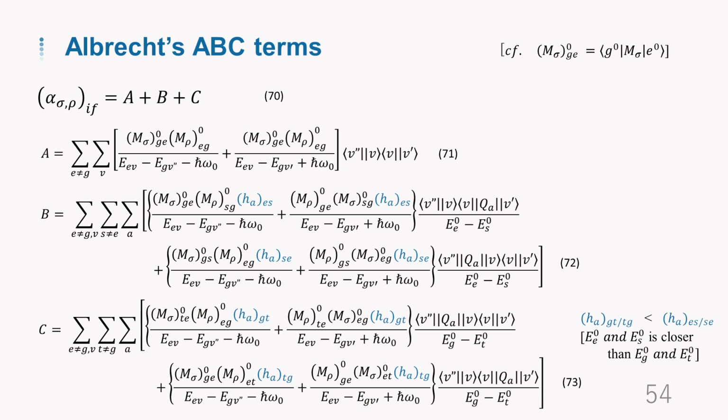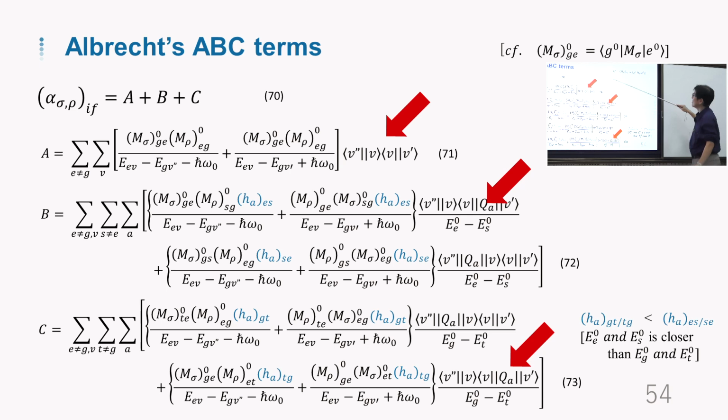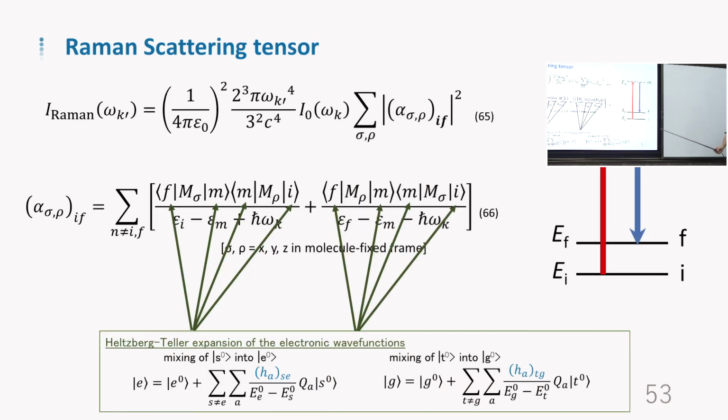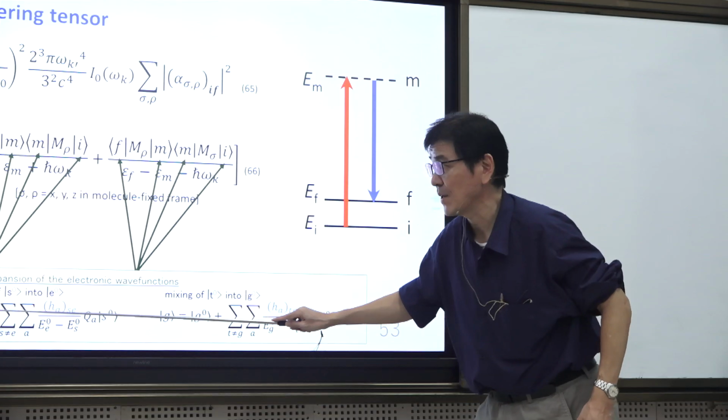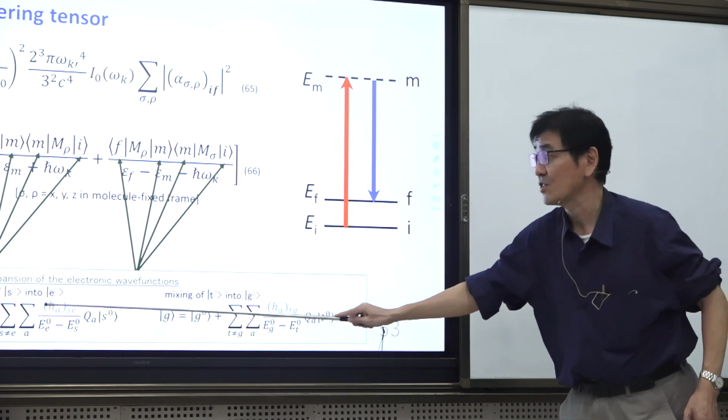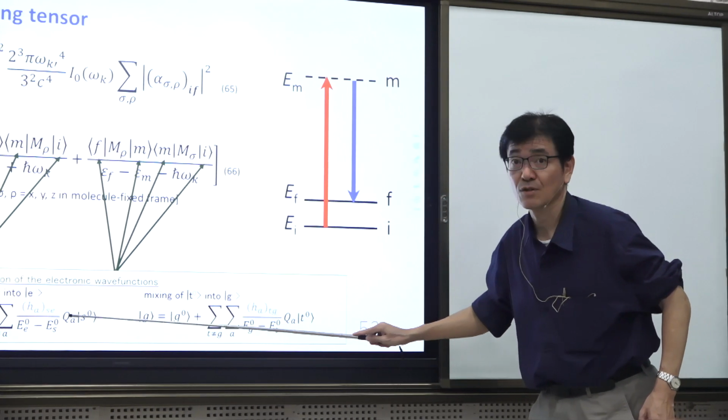The A term is different from B and C. The electronic wave function consists of the main part and the additional part. The additional part contains coordinate q.